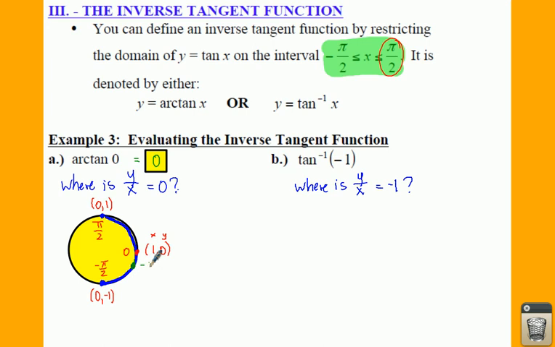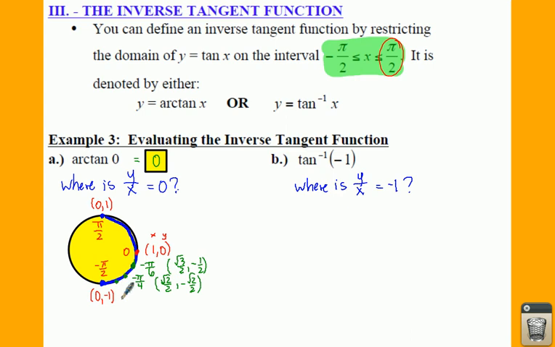Maybe it's at this point at negative pi over 6, which would be the ordered pair of radical 3 over 2 comma negative 1/2. Maybe it's at this point here, which is negative pi over 4. We have the ordered pair of radical 2 over 2 comma negative radical 2 over 2.